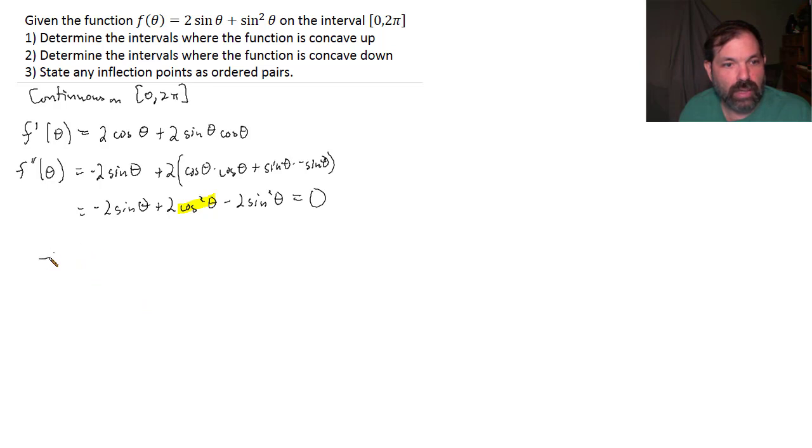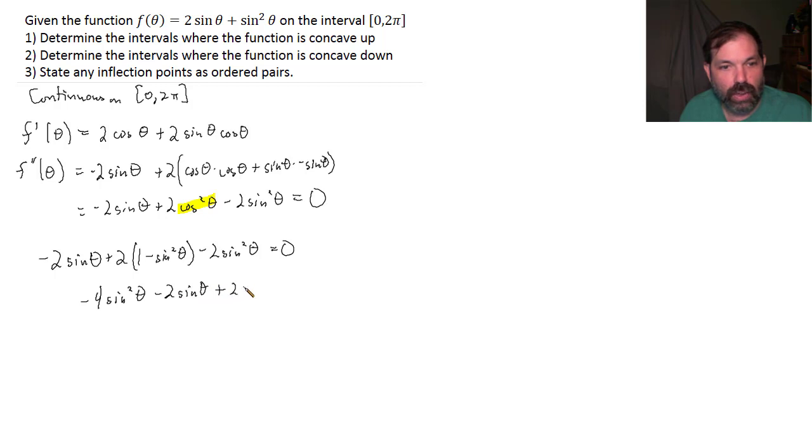So then this becomes negative 2 sine theta plus 2 times 1 minus sine square theta minus 2 sine square theta is 0. Alright, so then this simplifies as negative 4 sine square theta minus 2 sine theta plus 2 is 0.